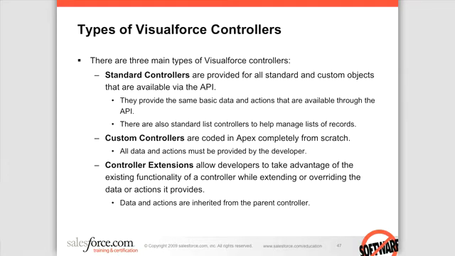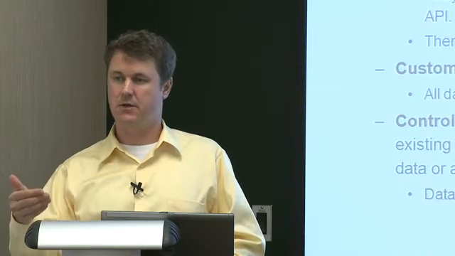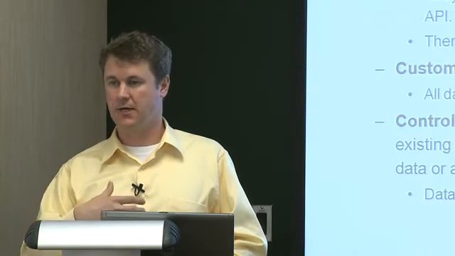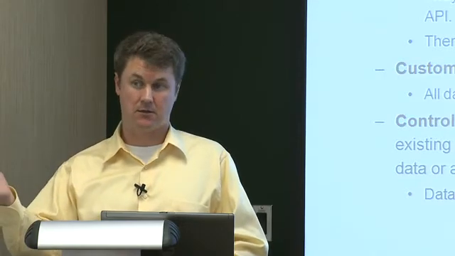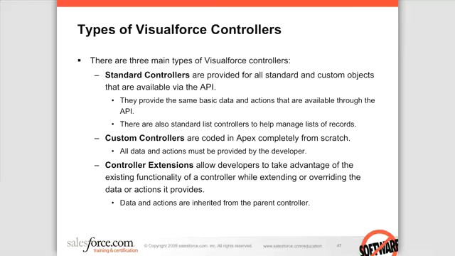There are also custom controllers. In the case of a custom controller, you are writing all of the logic in Apex, so that when a request comes in, you write the code that's going to handle that request and then ultimately do something. Then finally, there are controller extensions.